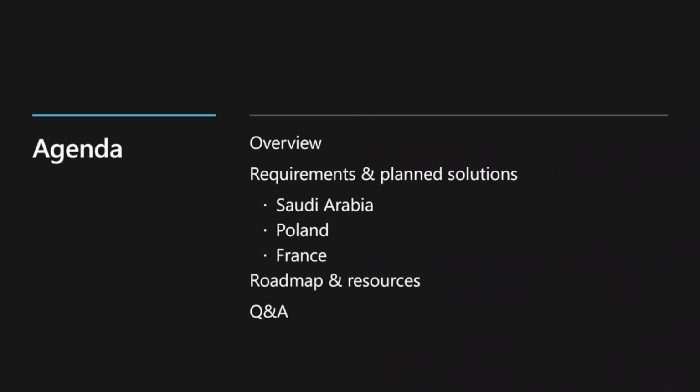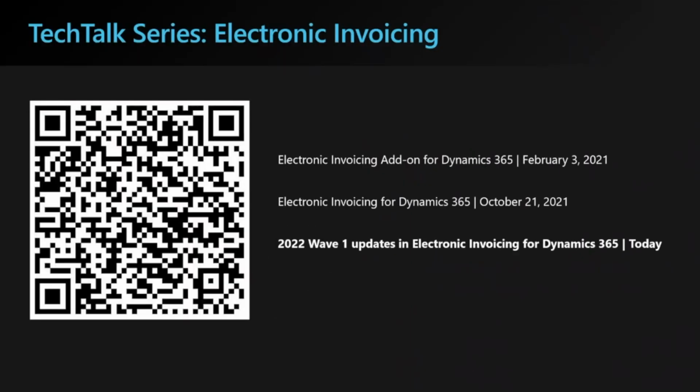Despite dedicated time, I encourage you to post your questions during the presentation, and we will do our best to address them. Today's session is the next one in the series of meetings devoted to electronic invoicing service. In the previous ones, we have already provided overview of the service, its architecture, and selected country-specific solutions, like electronic invoicing for Egypt or Brazil. Today's session will be more theoretical than usual.